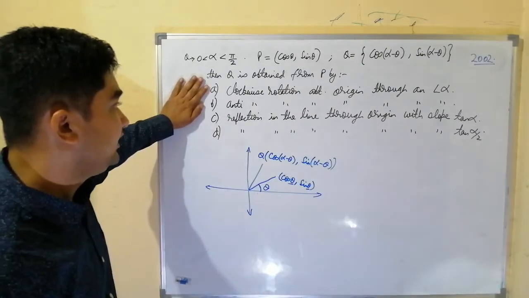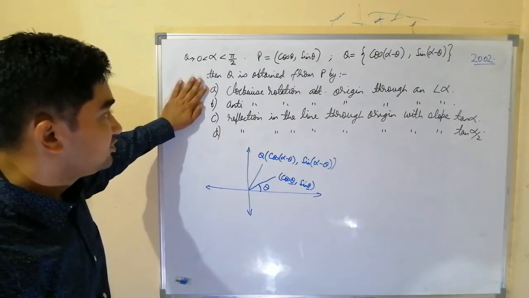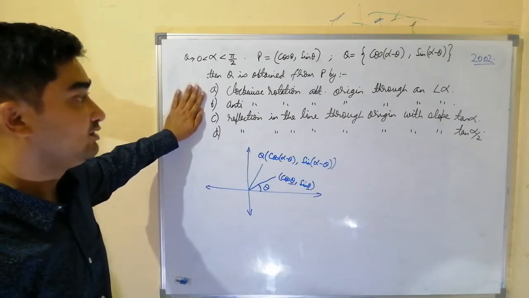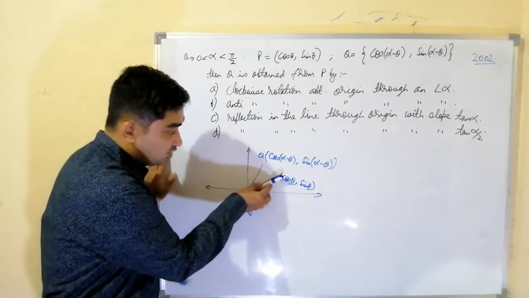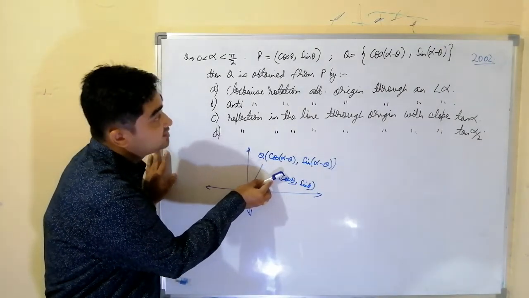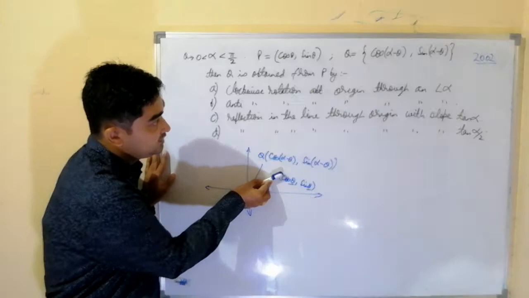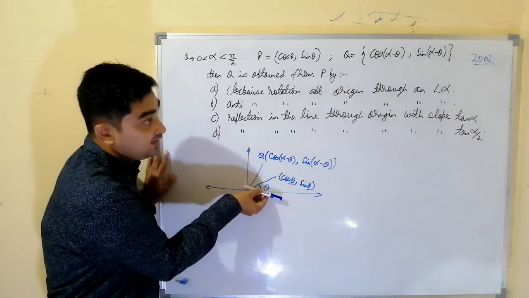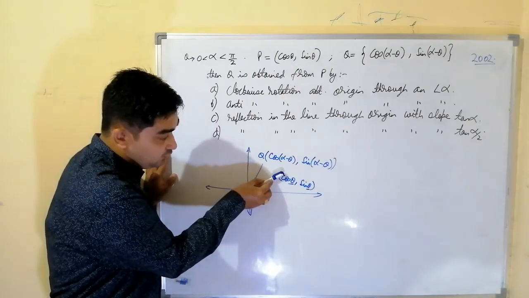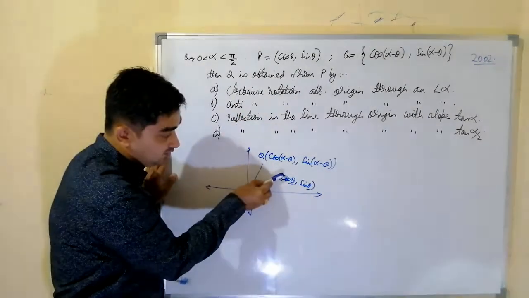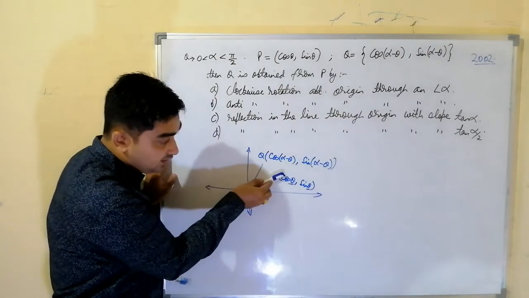So what is option A? Option A is given as clockwise rotation about origin through an angle alpha. This is the initial point. Clockwise rotation means coming in this direction by an angle alpha. If we follow the instruction given in option A, where will we reach?